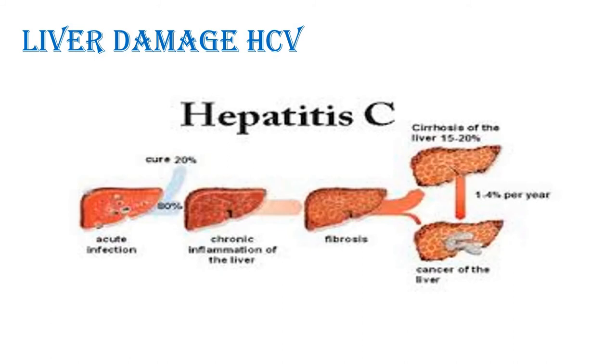Nearly 20% of patients can cure, and 80% show chronic inflammation of the liver that leads to fibrosis and cirrhosis of the liver in near about 15 to 20% of the patients, and near about 1 to 4% per year show cancer of the liver.